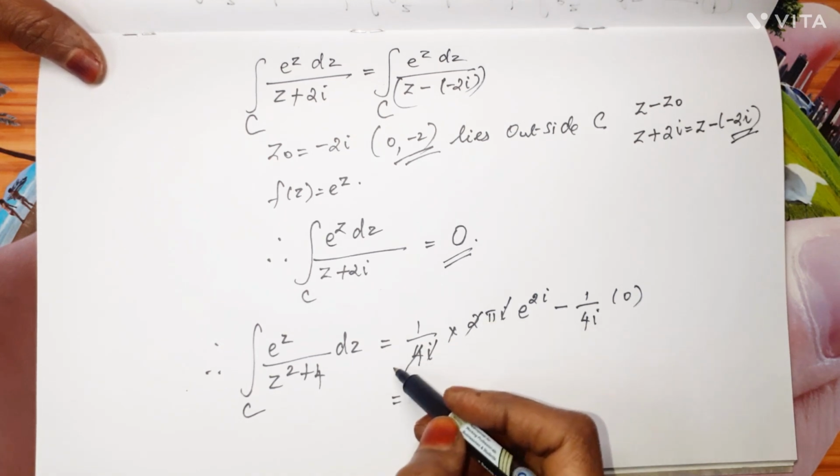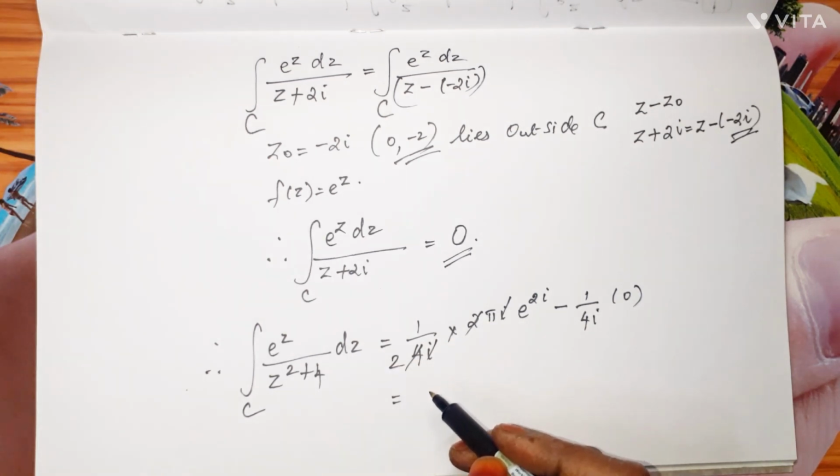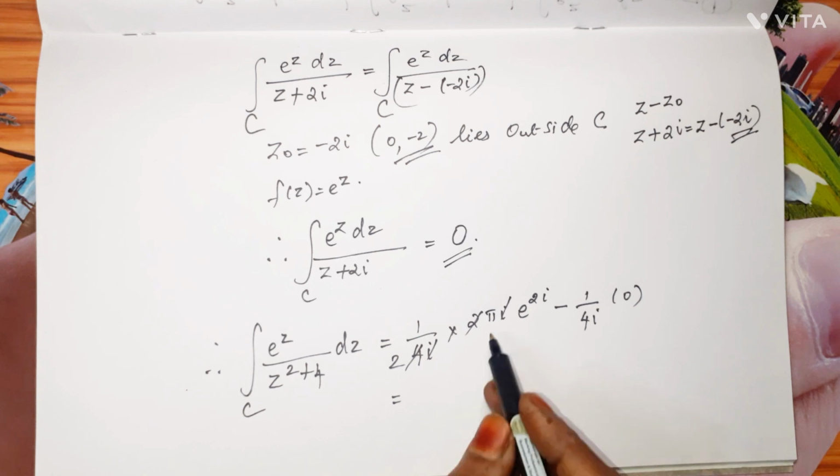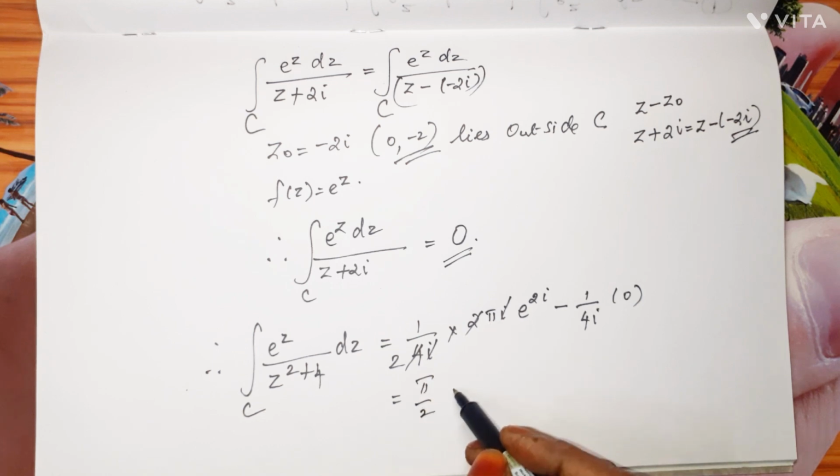The i's we can cancel and this one will get cancelled. So finally what we are getting is pi by 2 e power 2i. This is the answer for this integral.